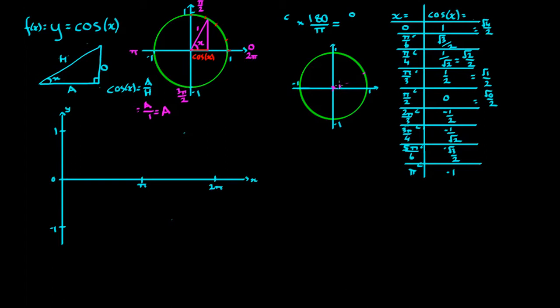So I say here's the angle and here's the line, and it extends up to the circle there. I then make a triangle out of that, and the length of the adjacent side of that triangle is equal to cos of x. And just visually you can see it looks as if it's about equal to 1/2, because here's 1 over here and here's a half here.